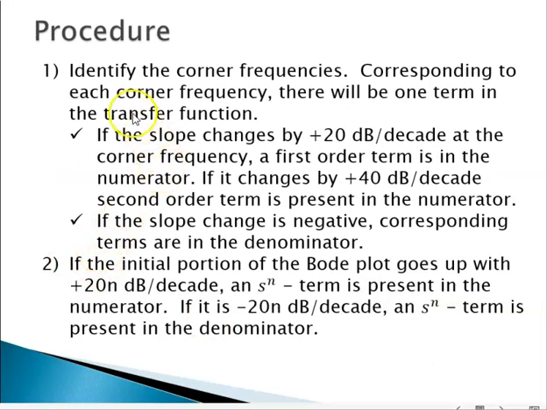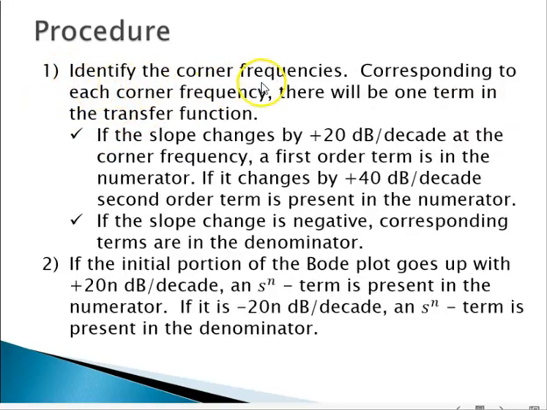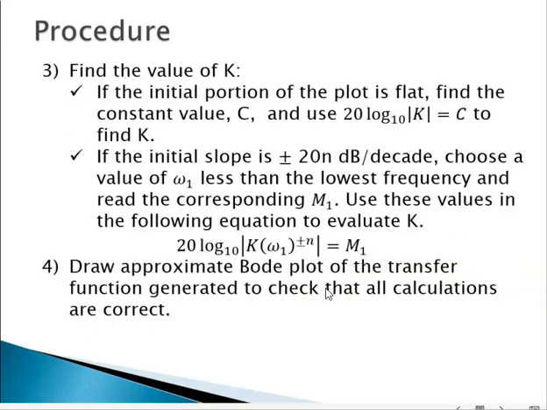Though the procedure given here is very lengthy, it consists of basically 4 steps. 1. Identify the corner frequencies and identify the first order or second order terms. 2. Then find out whether the initial portion is an inclined line or not, and consider the lone S terms, that is S power 1 or S power 2 or so in the numerator and denominator. 3.